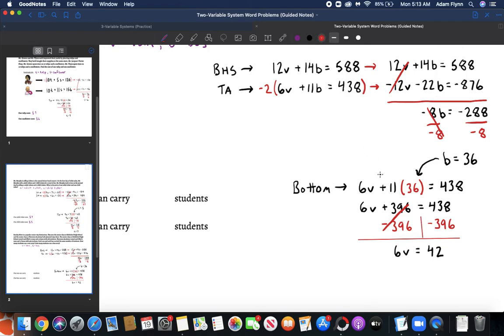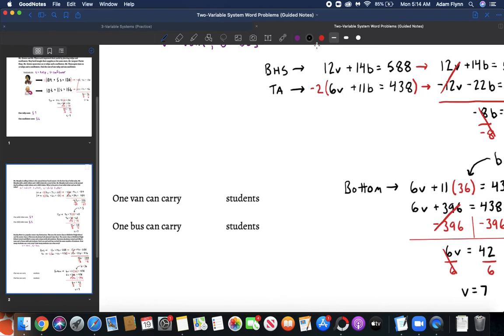Divide both sides by 6 to isolate our v. So v is going to be 42 divided by 6, which is 7. Okay?